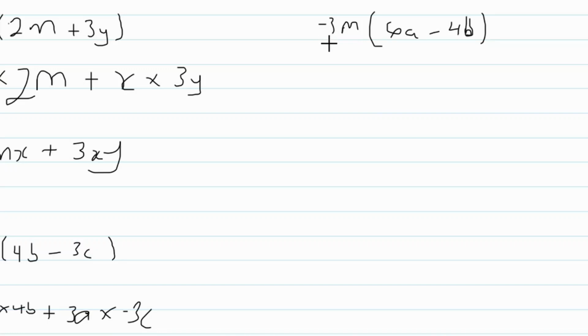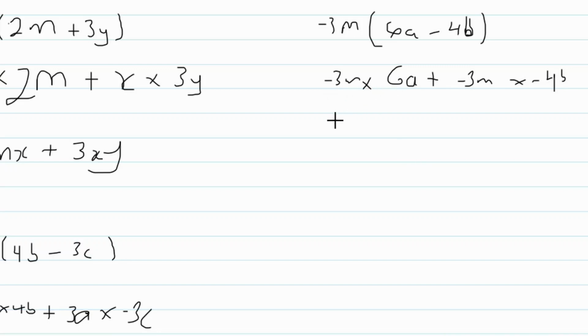Okay, so with the same process, the number over here is negative 3, so minus 3m multiplying 6a. Then I said we will bring a positive sign over here. So plus minus 3m multiplying minus 4b.